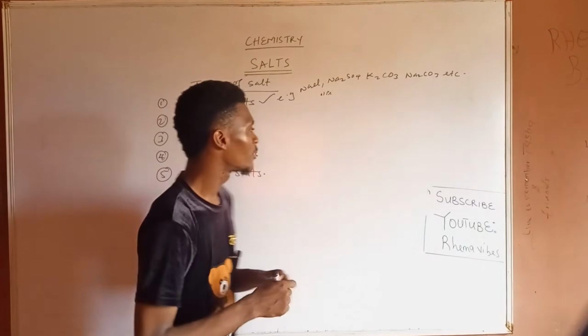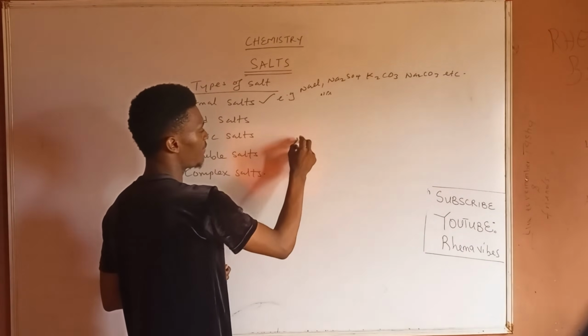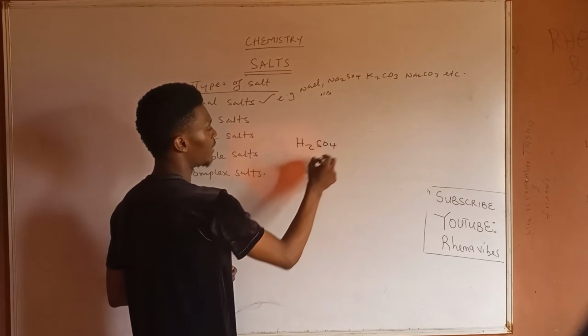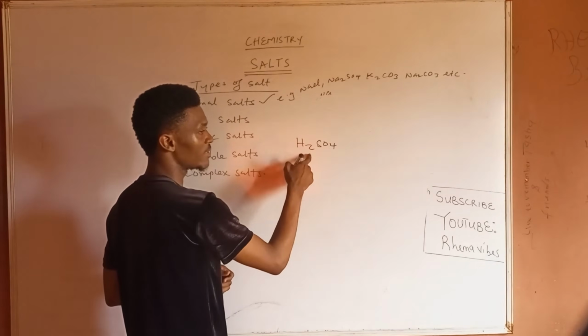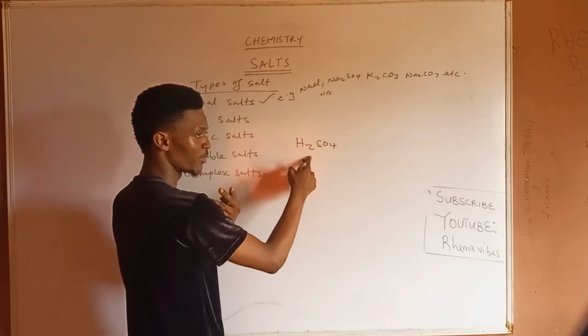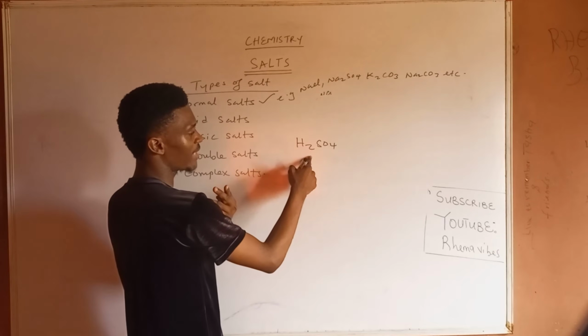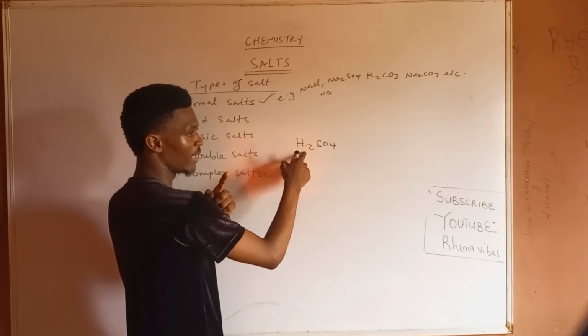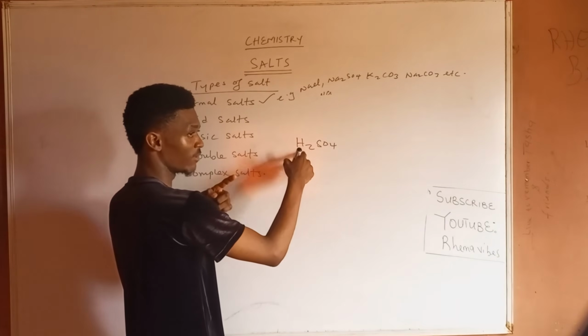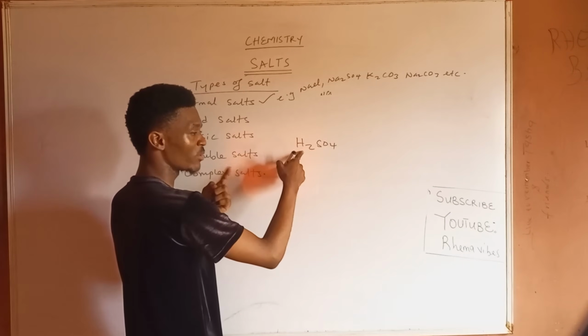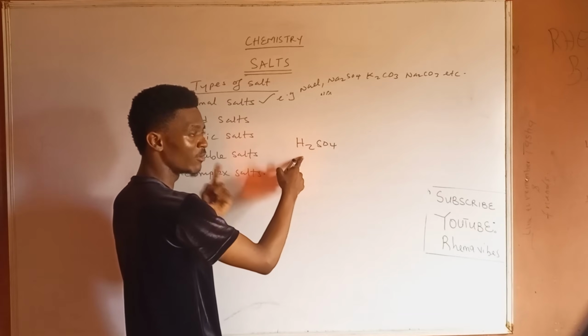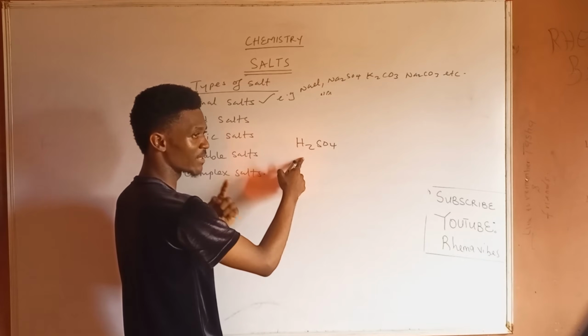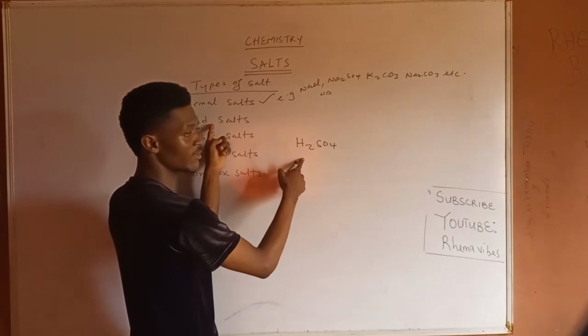So follow. Do you know that if I'm having H2SO4, how many hydrogens can be replaced in this acid? Two. But then again, if I now bring just one metal and replace just one of the hydrogens, have I replaced it completely or partially? Of course, it's obvious it's partial. So it's only by partial replacement of the replaceable hydrogens of an acid by metallic ions that forms an acid salt.